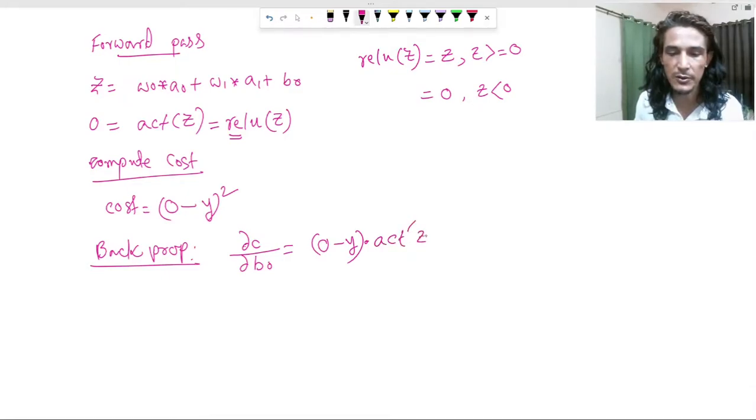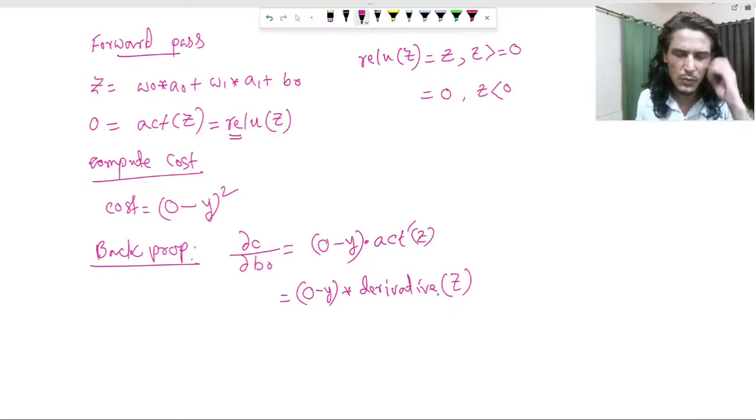It depends on what activation function we have used here. So let me write the specific version: O minus Y multiplied by the derivative of G.